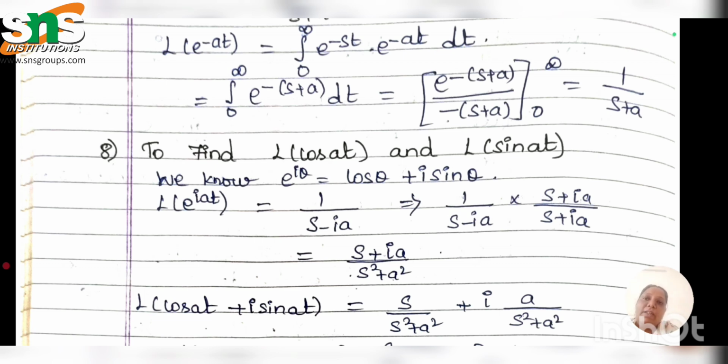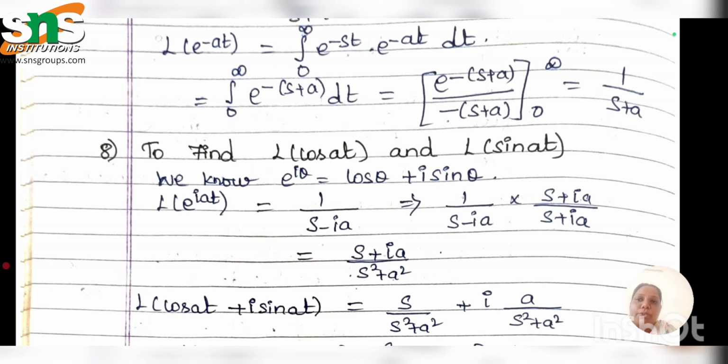By multiplying this, we know the formula a squared minus b squared, which is nothing but a plus b into a minus b. According to that formula, we have the terms s minus ia and s plus ia. So combining both of these, we will get s squared plus a squared in the denominator, and in the numerator we have s plus ia.